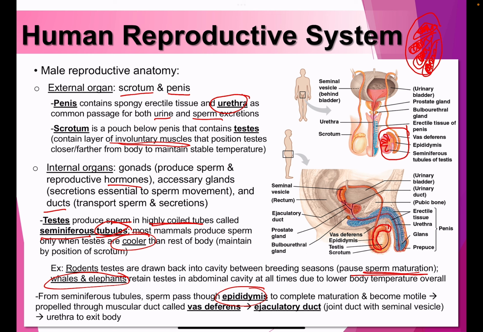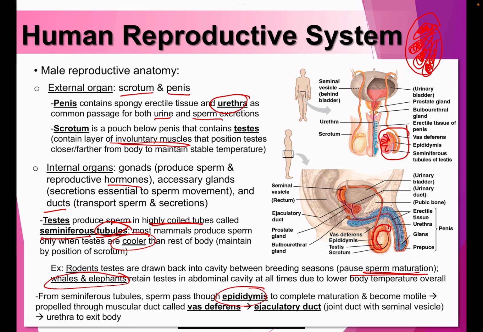Here from the side view, you can see that the vas deferens goes up and around the bladder and into this little portion called the ejaculatory duct, and it is within the ejaculatory duct that it gets the secretion from the seminal vesicle. That's where the two things merge, and then from the ejaculatory duct, sperm will travel into the urethra and out into the outside world.